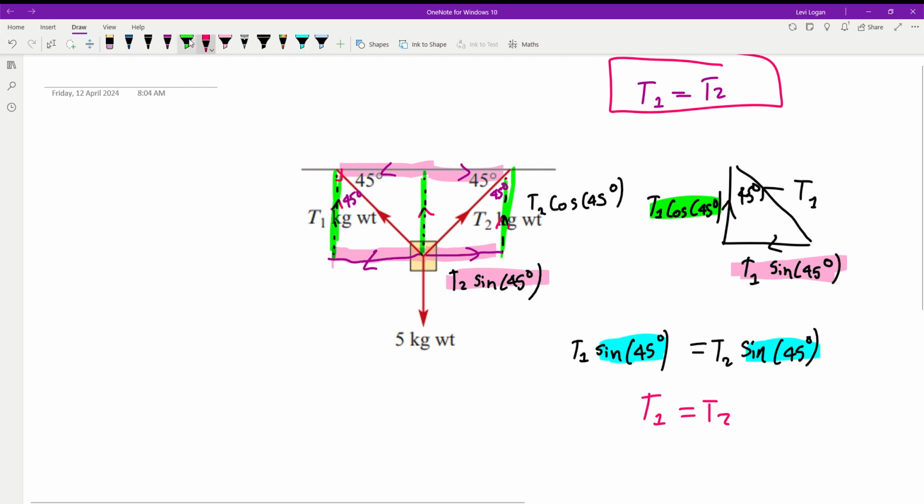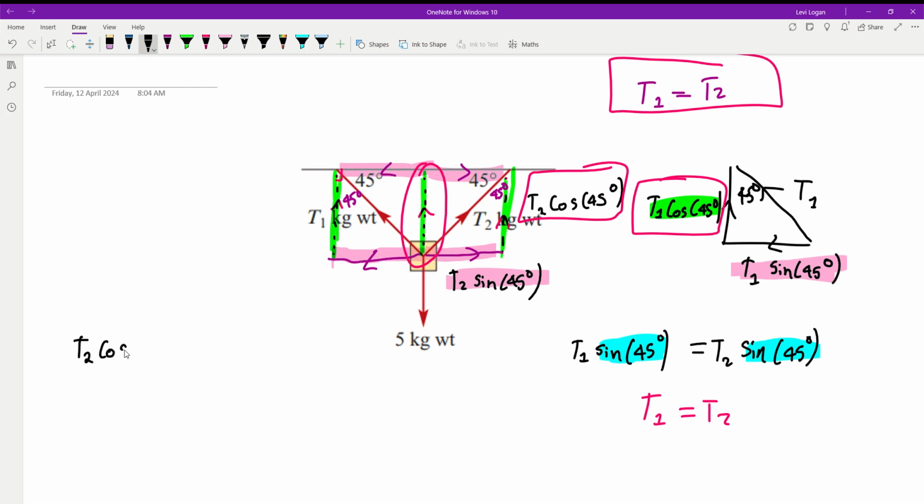Now, the next equation: your ups have to equal your downs. So this green force is the sum of this force and this force. What we get is T2 cos 45 degrees plus T1 cos of 45 degrees.